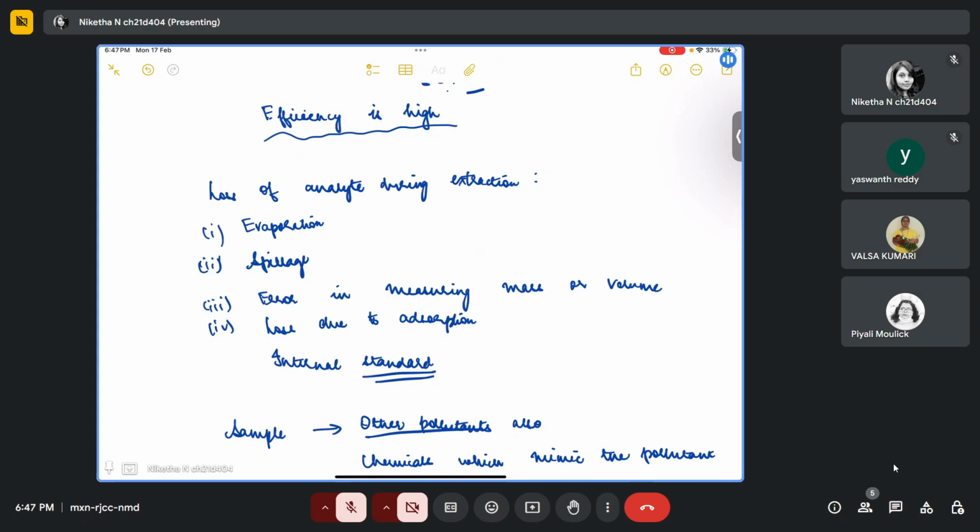So in case our analyte is an organic chemical, and we are also using an organic container, say like plastic or something, there is going to be an attraction between the chemical and the wall of the container, and it could get adsorbed there. So that is going to reduce our concentration of the chemical in the sample.